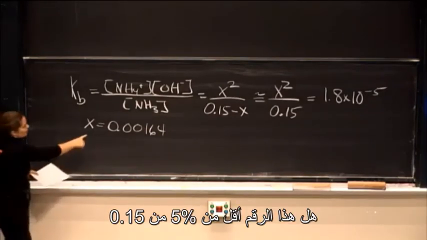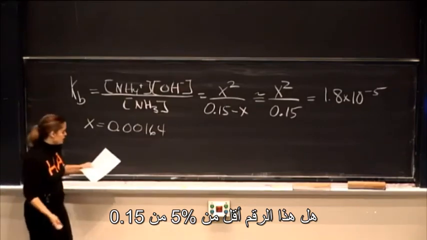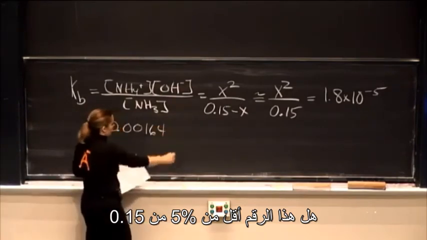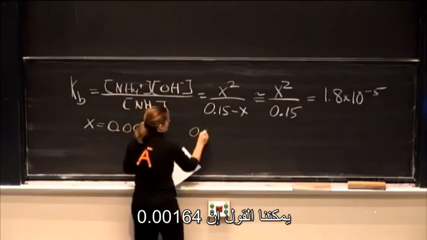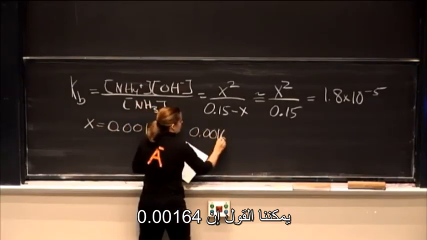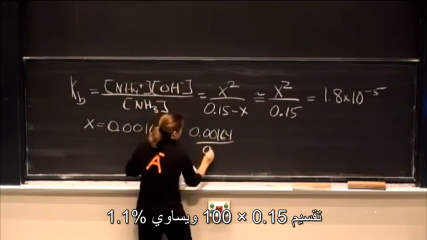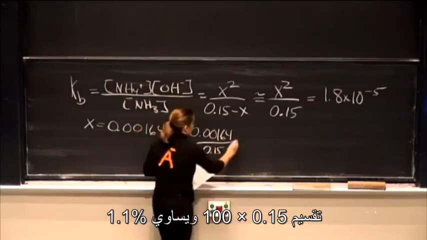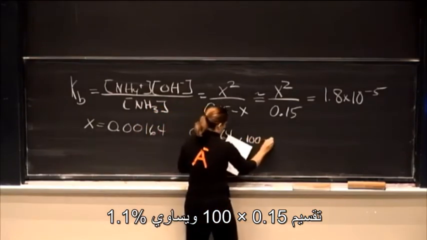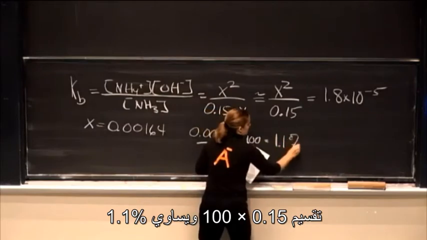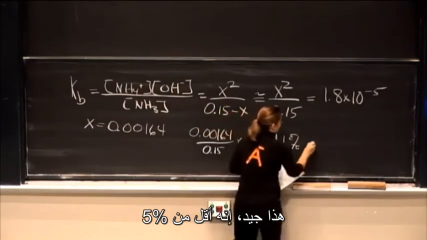And we can look at whether that approximation was OK. Is this number less than 5% of 0.15? So we can say 0.00164 over 0.15 times 100, and that comes out to be 1.1%. So that's OK.